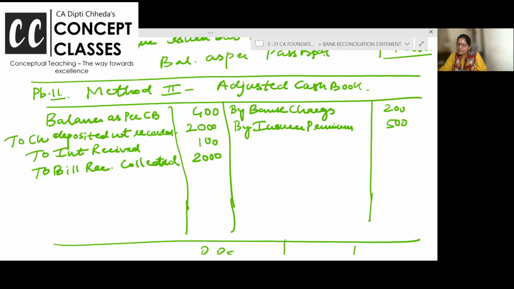So the entry of 1000 has to be recorded in the cash book, right? If the check is dishonored and in the passbook they have directly shown it as dishonor, when I get the bank statement, I will also record it. When I deposited the check, bank debit. So when it is dishonored, I should reverse it in the books. Check dishonor, I want to repeat: bank to party. Now it is party to bank.